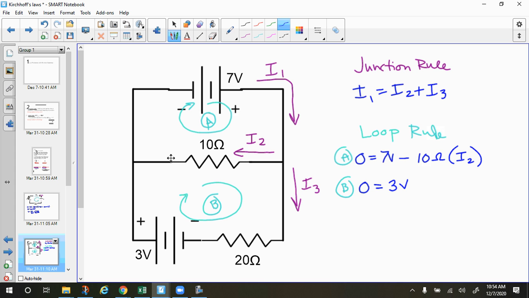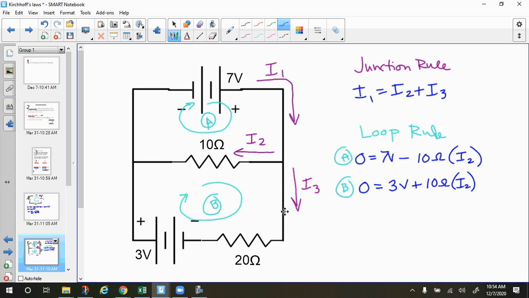And then we're going here and we're going backwards through this one. So you can see that we're traveling through the resistor the opposite direction of the current. So we know that we're going from a lower potential to a higher potential since the current's going the opposite direction. So we're going to add 10 times I2.